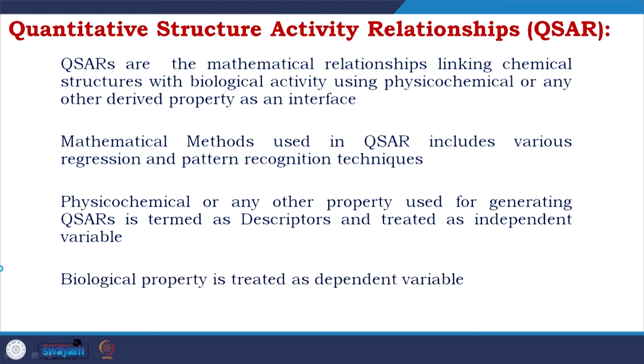Biological property is treated as the dependent variable. So, your descriptors would be coming from the property of the small molecule, which would be related to the biological properties. The descriptors are independent, whereas biological properties are dependent.